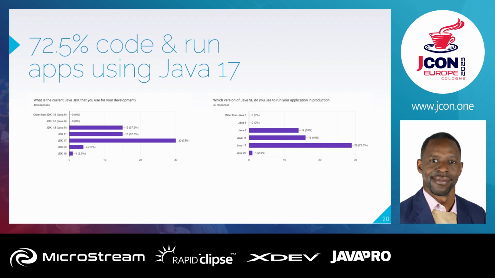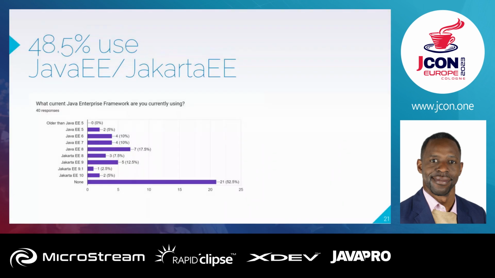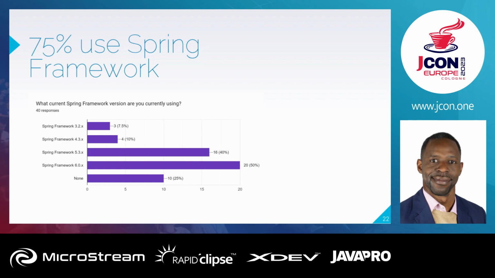I do not know why people don't want to jump to Java 11 at least, but that's what it is. But at least everybody is quickly adopting. Almost half are using Jakarta EE 7, but 75% of people are on Spring.